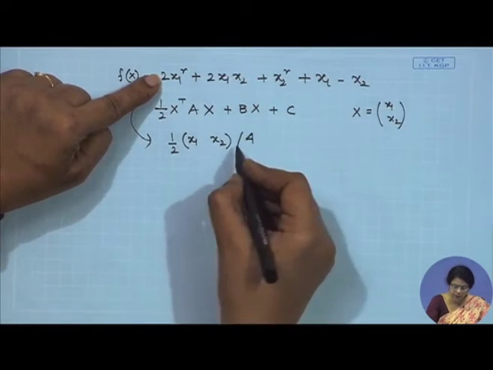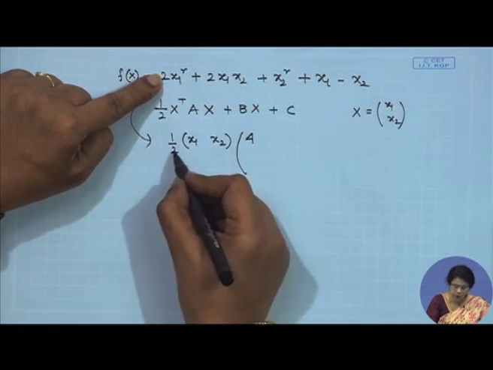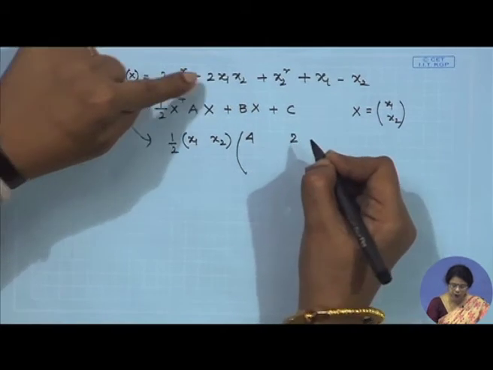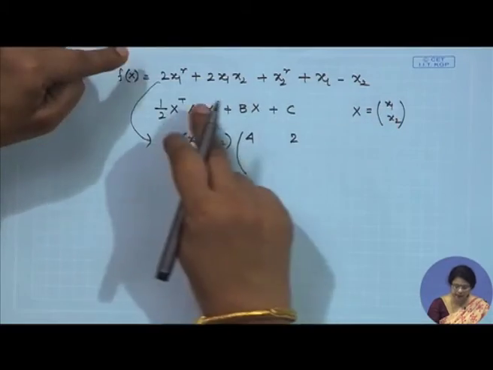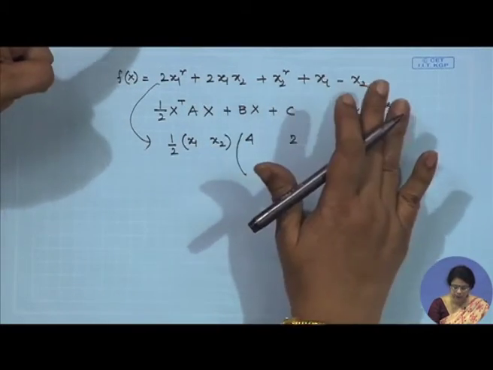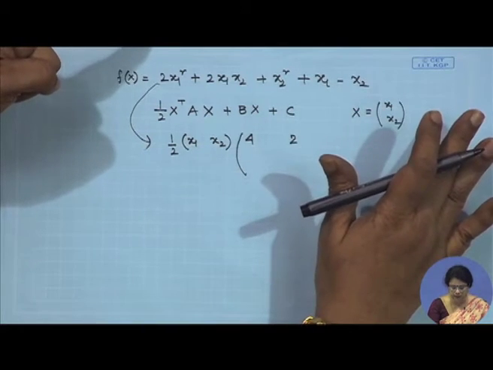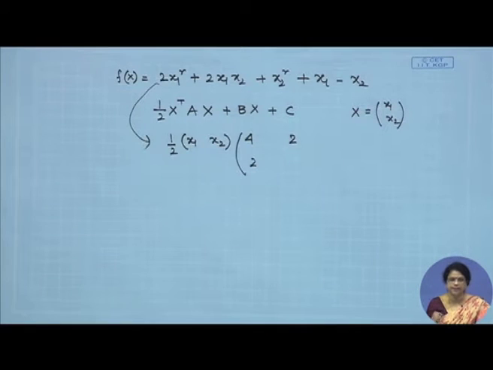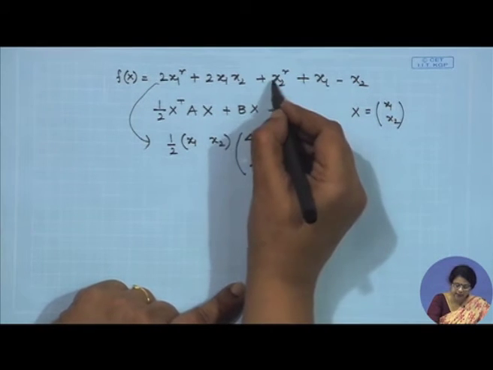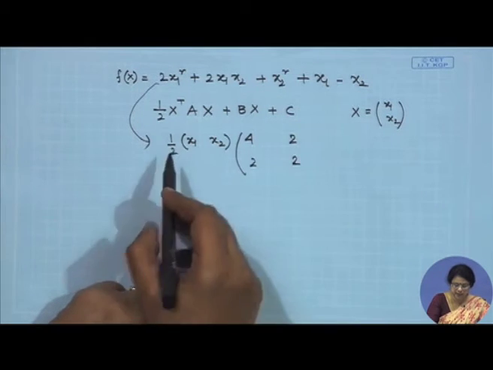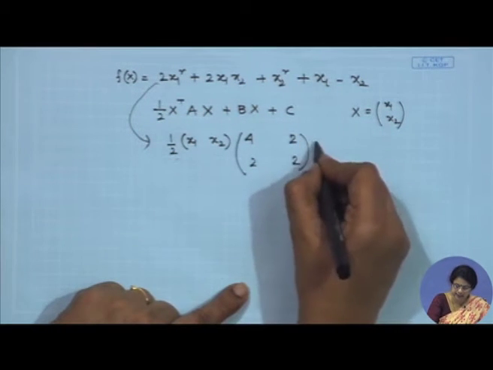For x1 square it would be 4, because 4 by 2 would be 2. Then I will separate 2x1 x2 into 2 parts: 2x1 x2 plus 2x1 x2, divided by 2. That is why these two terms will come like this, and the third term is 1, so we will put 2, just doubling it because of this half, as I said.